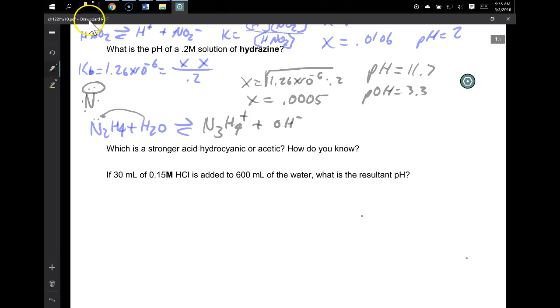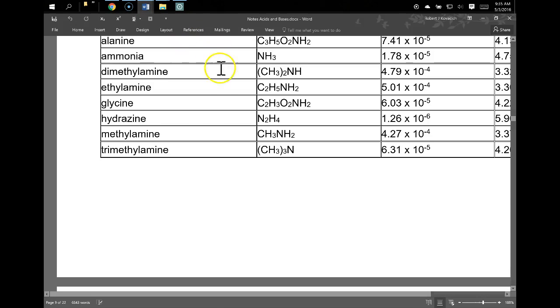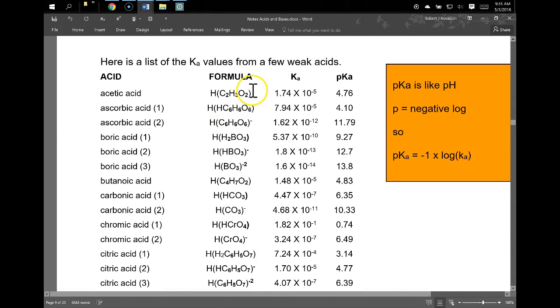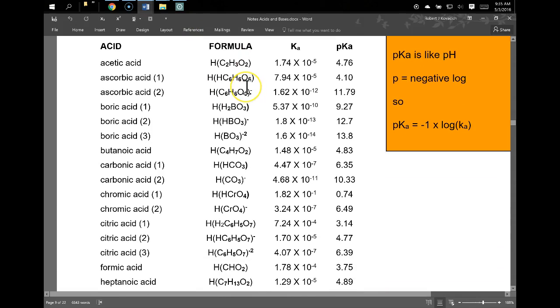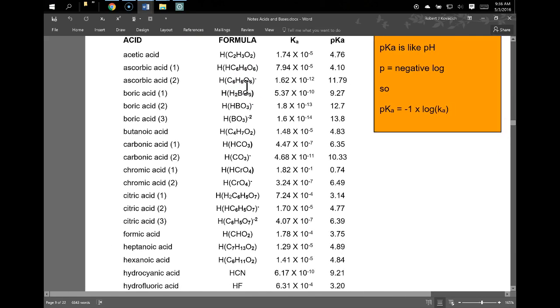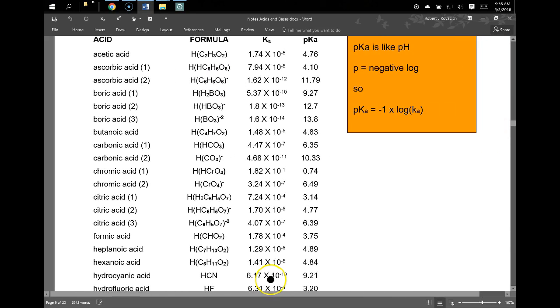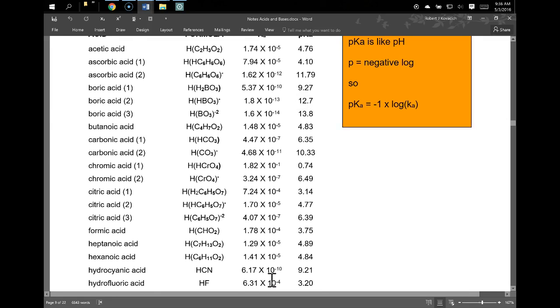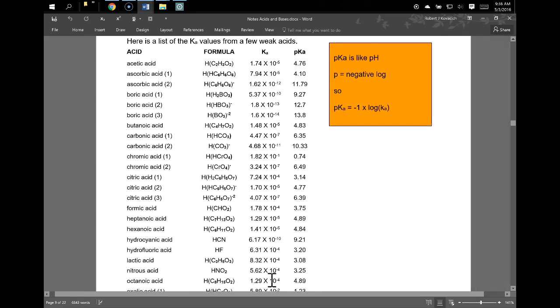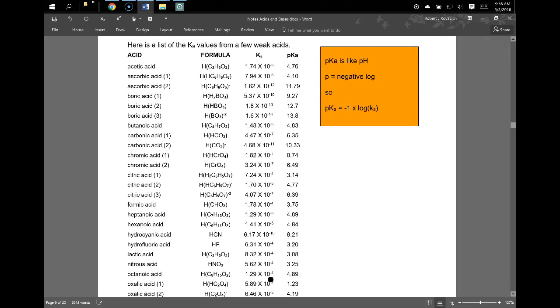Which is stronger, hydrocyanic or acetic? How do I know that? So the only way to know that is to pop over here, and let's shrink this down a little bit. So my hydrocyanic is here at the bottom, and it's 10 to the negative 10th, and my acetic acid is 10 to the negative 5th.